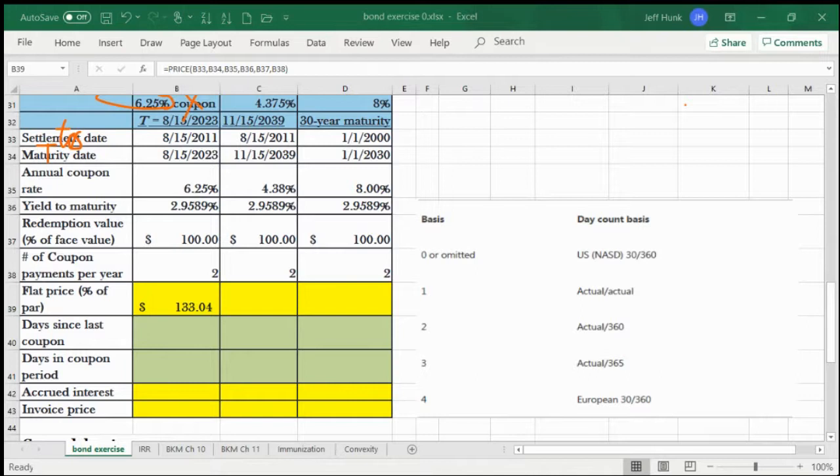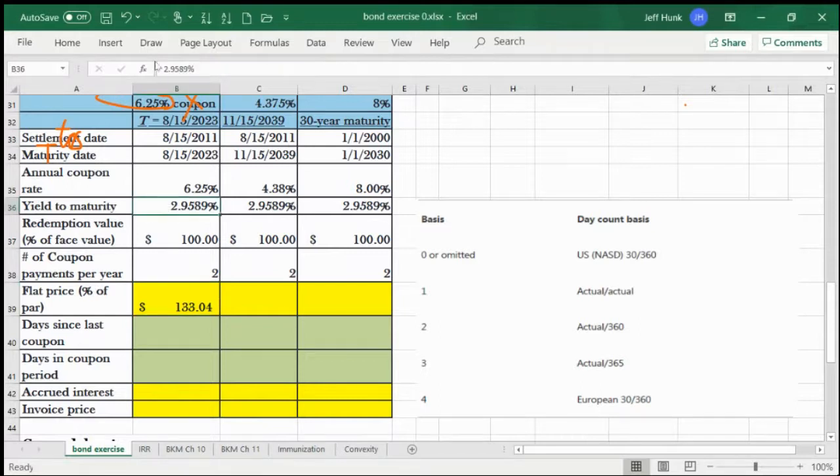but that's something. 6.25. Oh, no, 598.